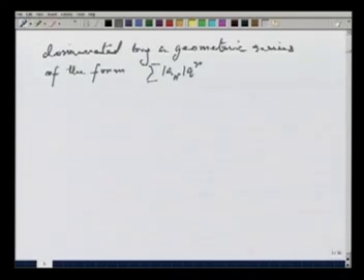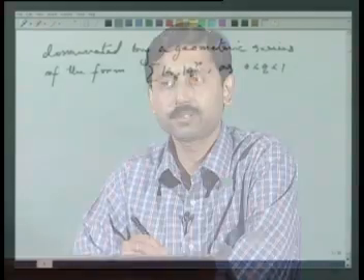Because of my assumption that q lies between 0 and 1, this geometric series converges.